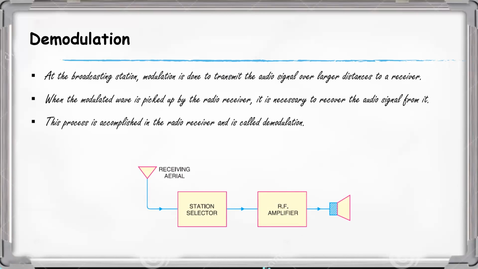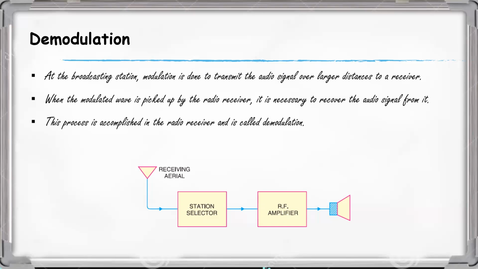Look at the block diagram. The signals from all the transmitting stations are available to the radio receiver through the aerial.